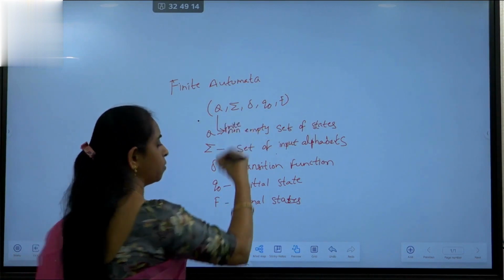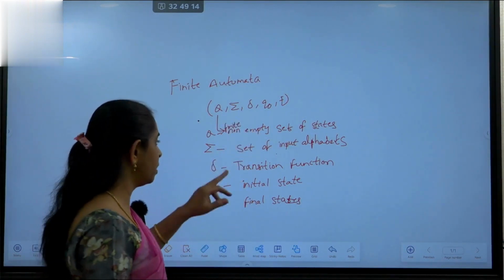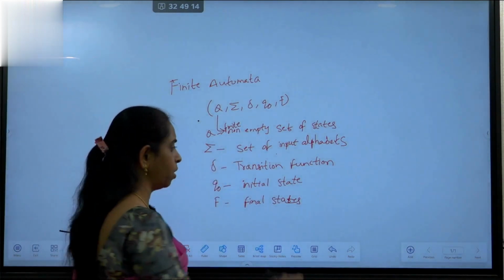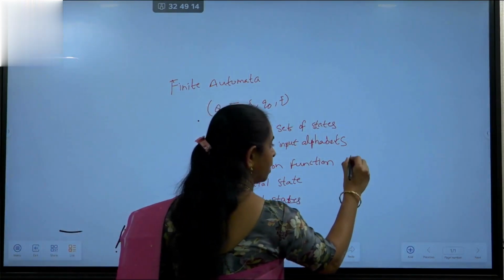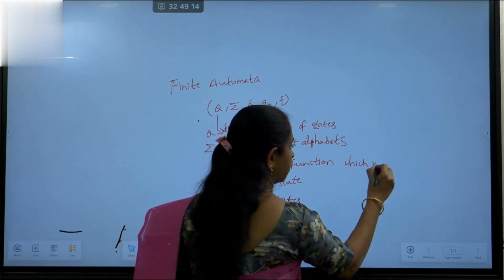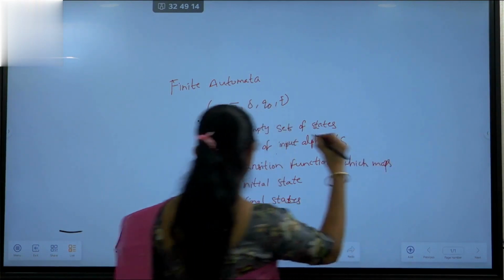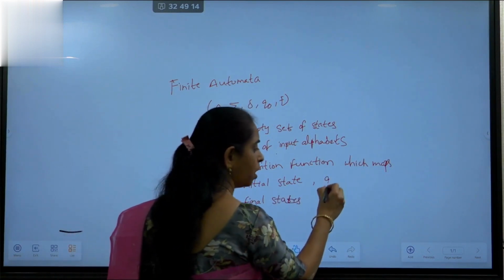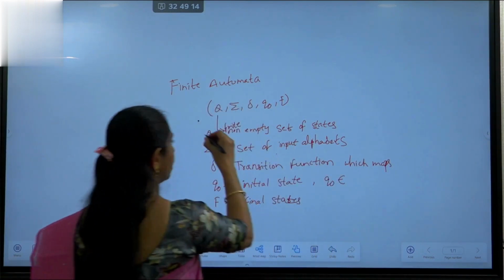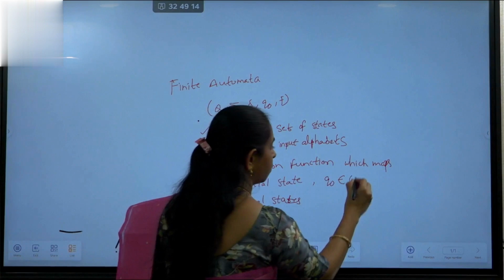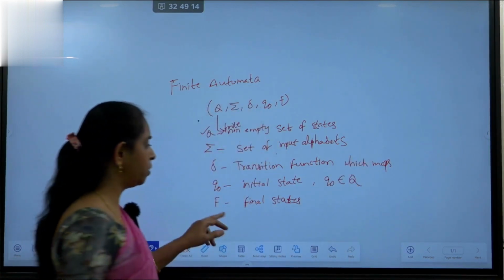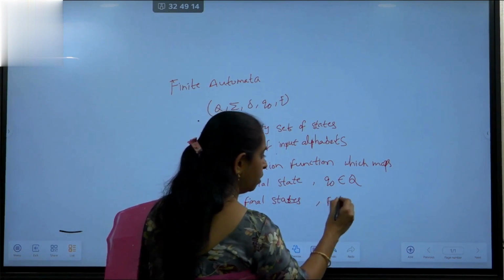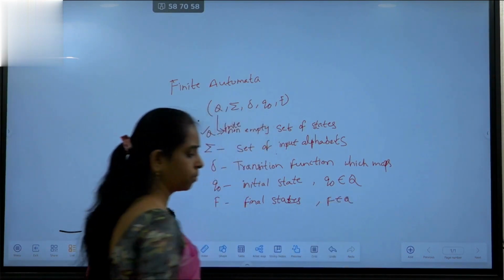So we will discuss this formally. Sigma is a set of input alphabets, delta is the transition function which maps the states, Q naught is the initial state where Q naught belongs to the set of states, and F is the final state, which belongs to the set of states.